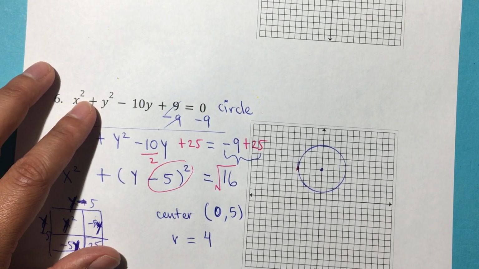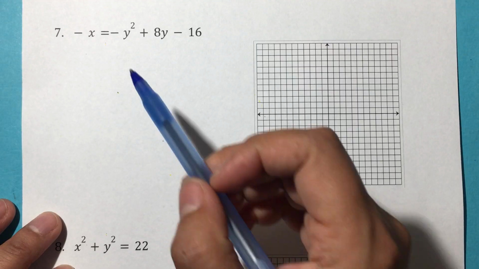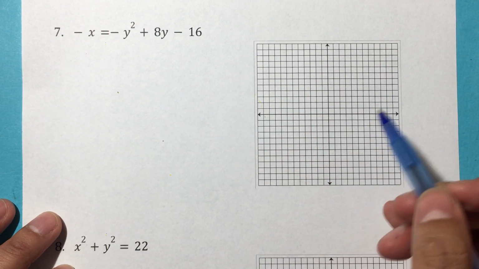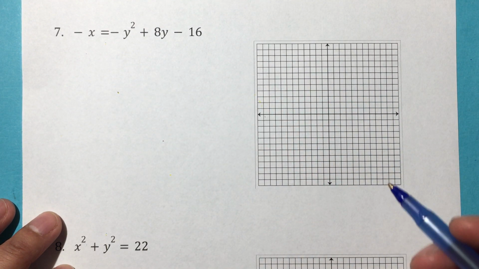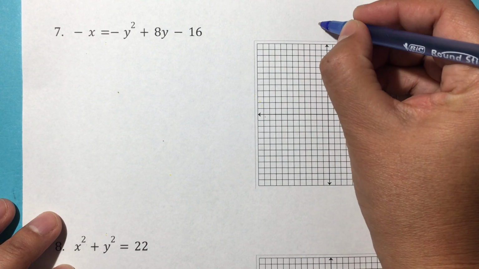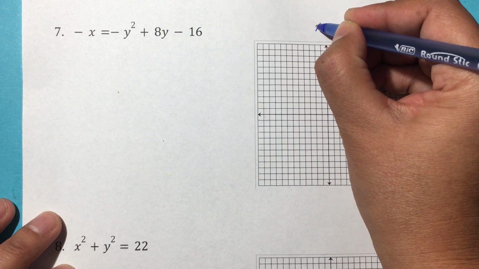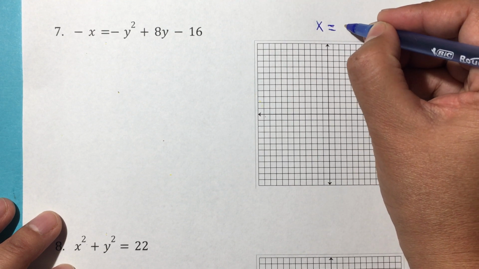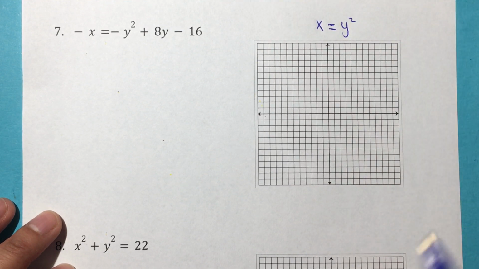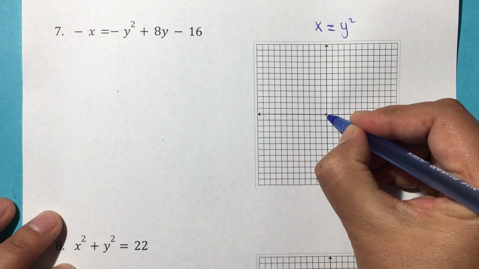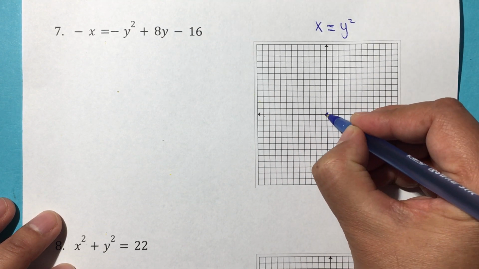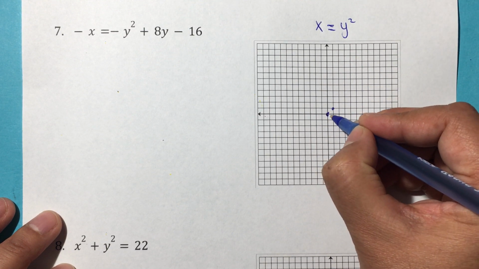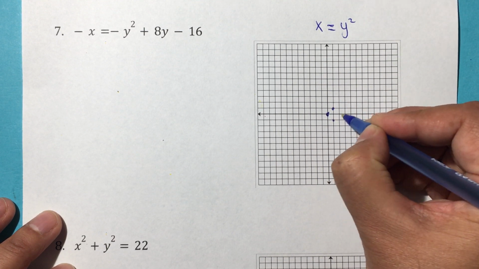Okay, there it is. For number 7, I can see that y is squared, so that means that my parabola will open sideways. And so from 11.4, if you have the mother graph, it's going to be x equals y squared, meaning that your mother graph will graph 0, 0, 1, 1, 1, negative 1.